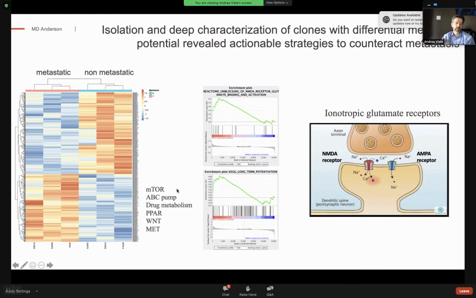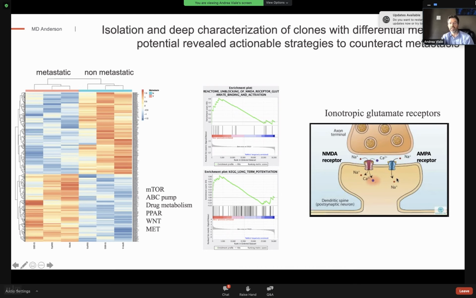We then analyzed the transcriptomic level. We found a bunch of pathways that were specifically upregulated in metastatic clones, but we focused our interest on pathways that were strongly deregulated in metastatic clones and related to neuron and synaptic signaling, okay?